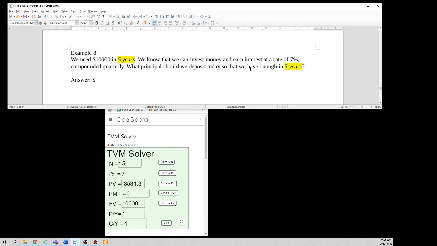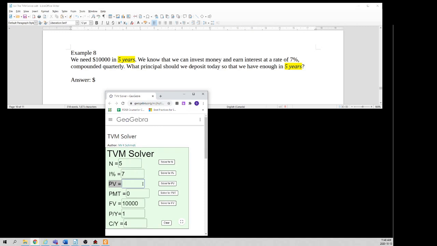You should be beginning to see how this tool could be used for your own personal finances. What if we want the $10,000 in 5 years instead of the 15? So we've changed that. We're going to solve for the present value.